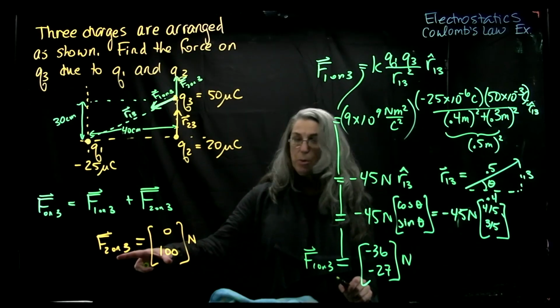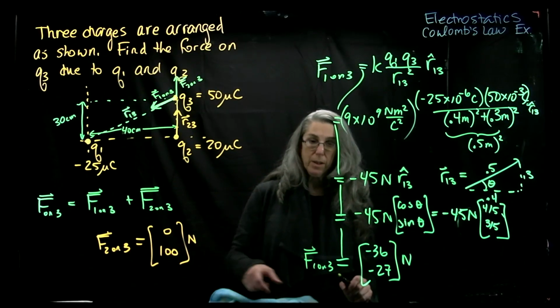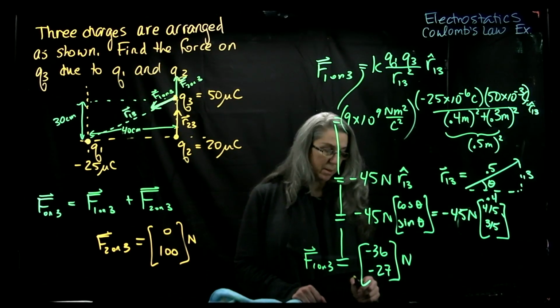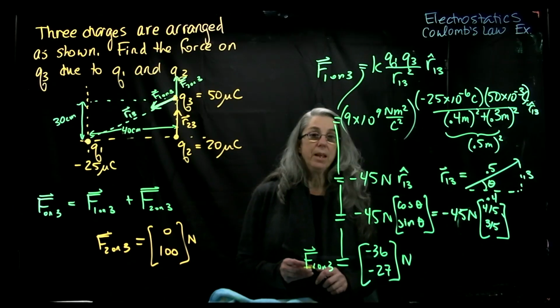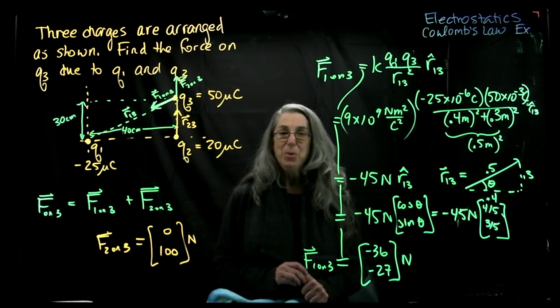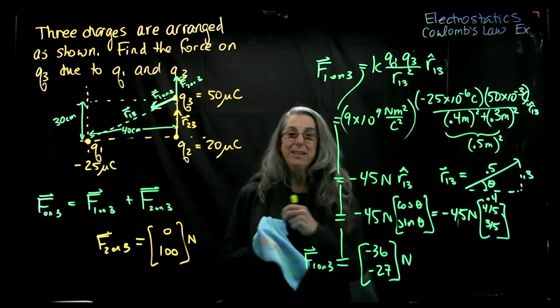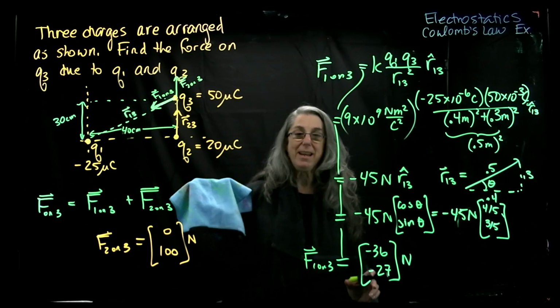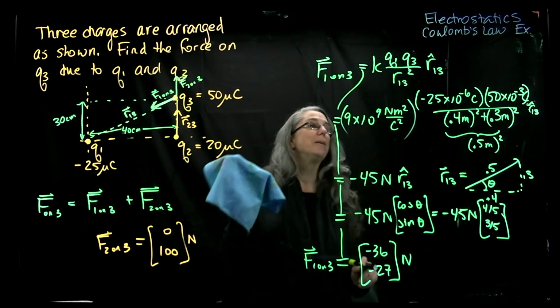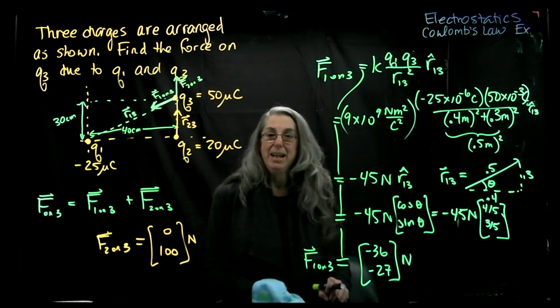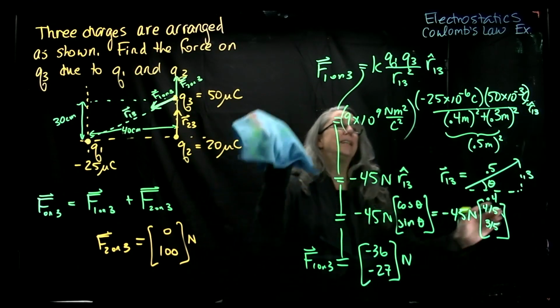So now I have the two pieces. I have F2 on 3 as a column vector, and I have F1 on 3 as a column vector. If you're taking notes while you do this, you might want to write that down. I will erase everything except for that and then rewrite it up there so that we can see everything, and then I will add them to get the final answer.